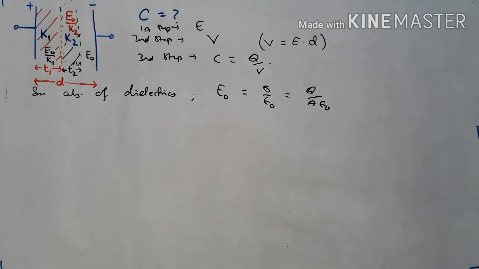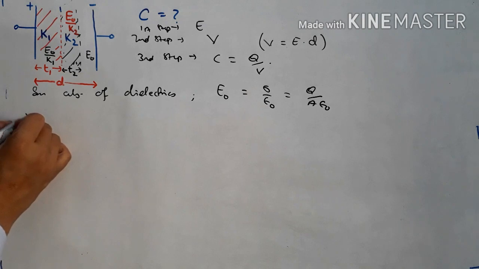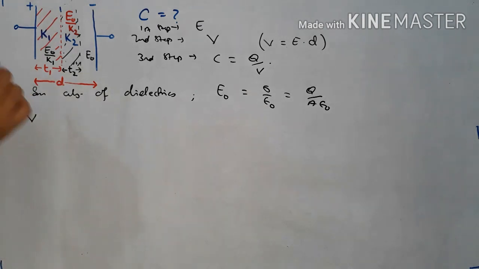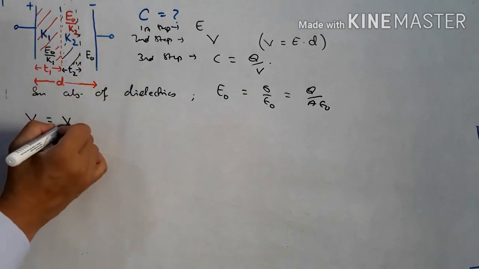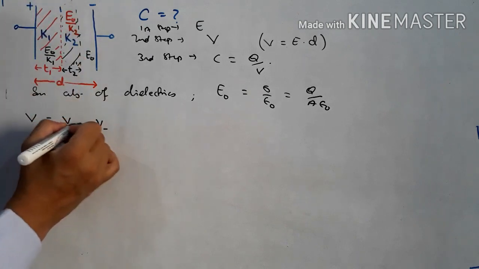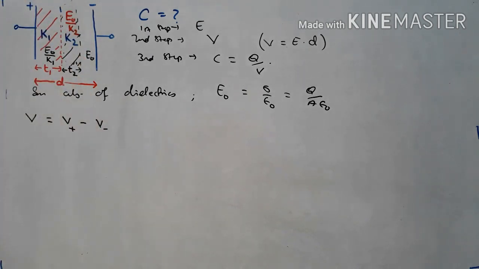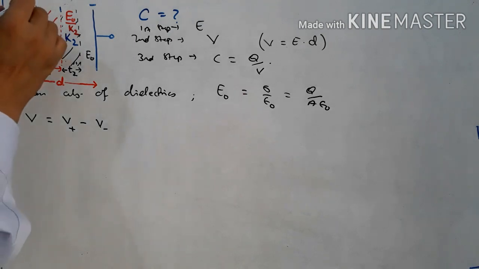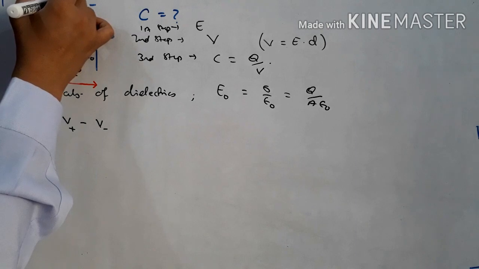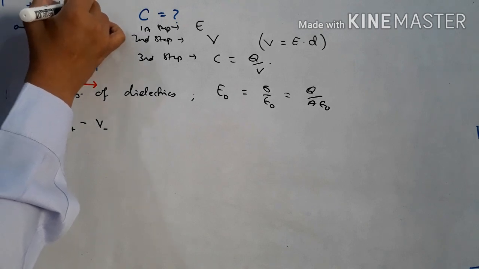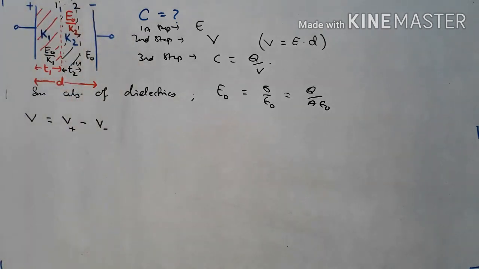Next we have to think about step 2. Step 2 is calculation for potential difference. So potential difference is the potential difference between the positive and negative plates. So I can write it as V plus minus V minus. If I name these points as 1 and 2, this point I call as 1, this point I call as 2, suppose.